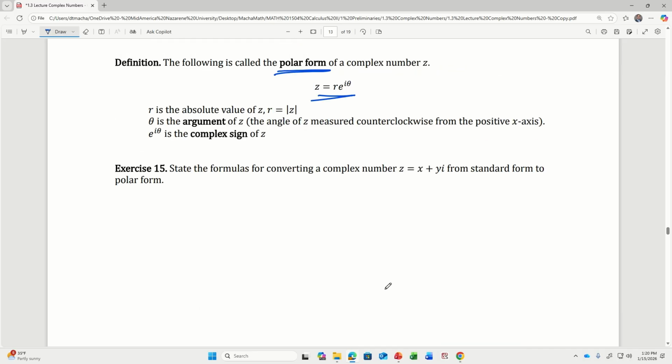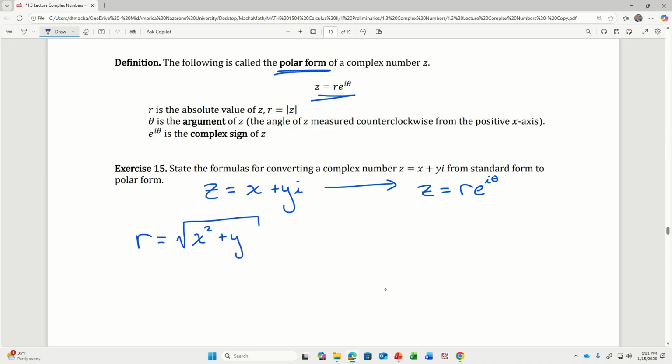So exercise 15 says, state the formulas for converting a complex number z equals x plus yi from standard form to polar form, where z is equal to r e to the i theta. The formulas you would use would have to give you r as a function of x and y. But remember, r is the absolute value.